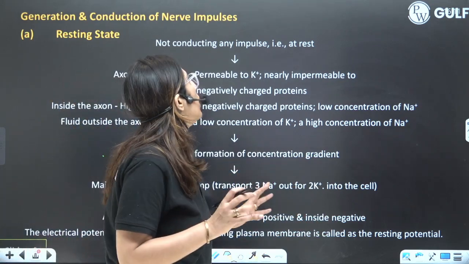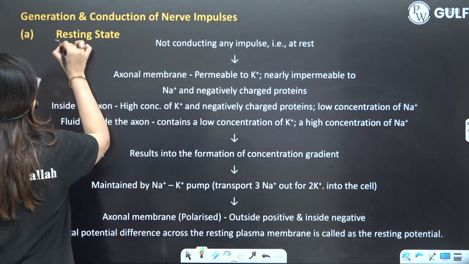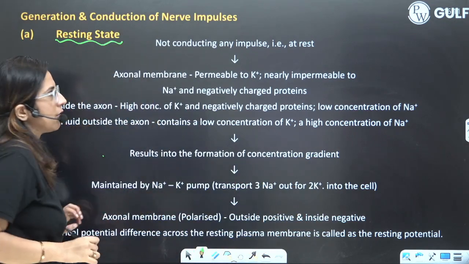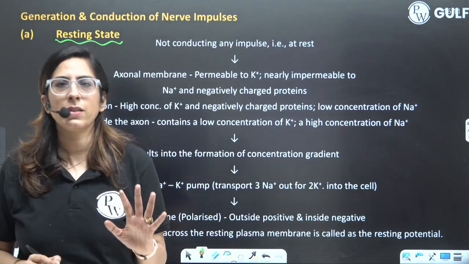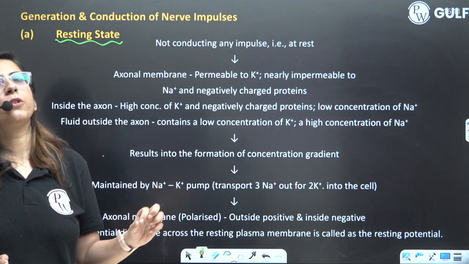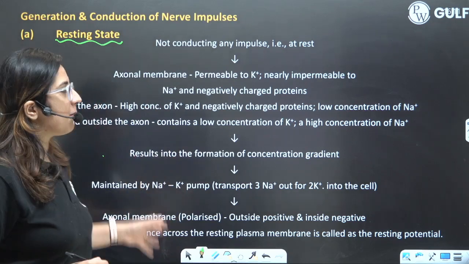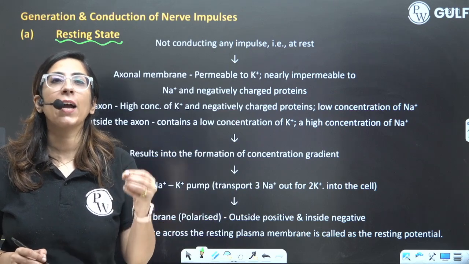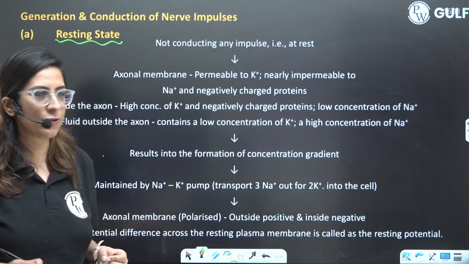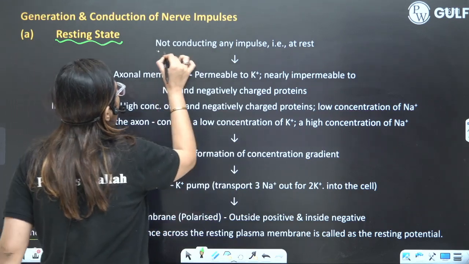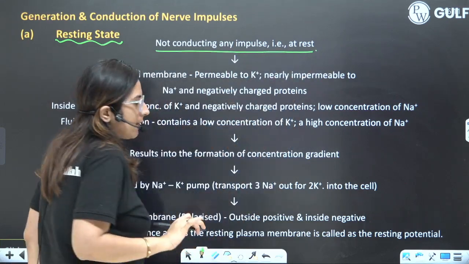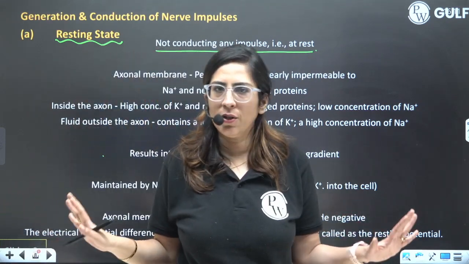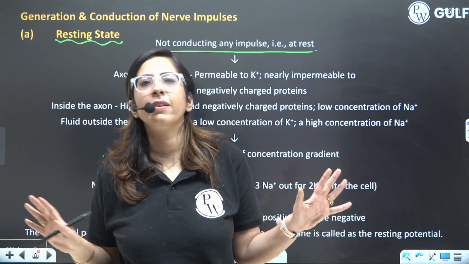Let's have a look. When the neuron is in the resting stage, do not read this chart yet. This is a very important thing which I have done: I have made a chart so that you can have an easy understanding of this topic. When the neuron is not conducting any impulses, when it is at rest, this is termed the resting state.